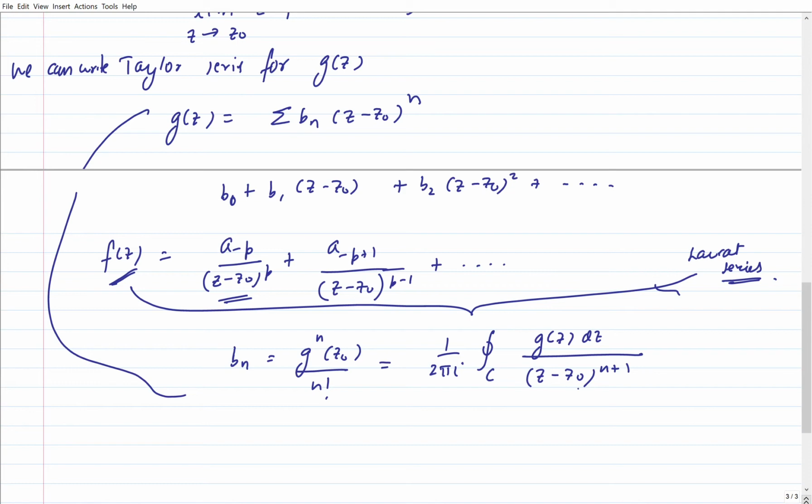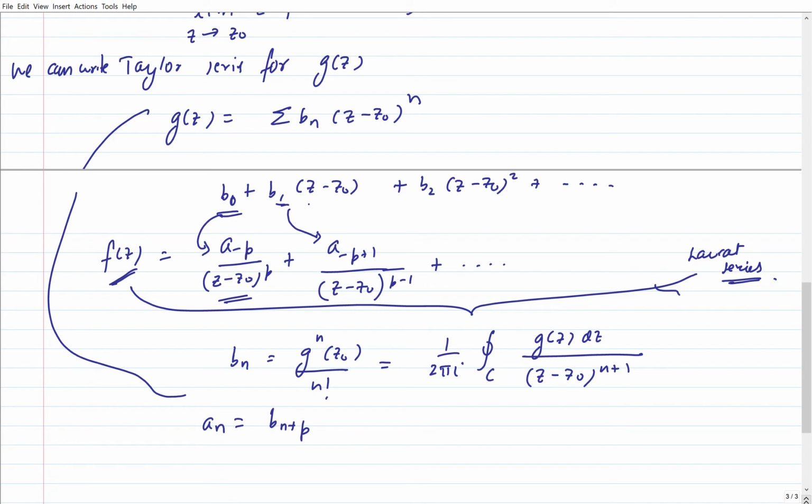So b_n was this, and a_n, as you can see, is related to b_n by a_n equals b_(n plus p). Remember, because I divide this by (z minus z0) to the power of p, I'll get this.